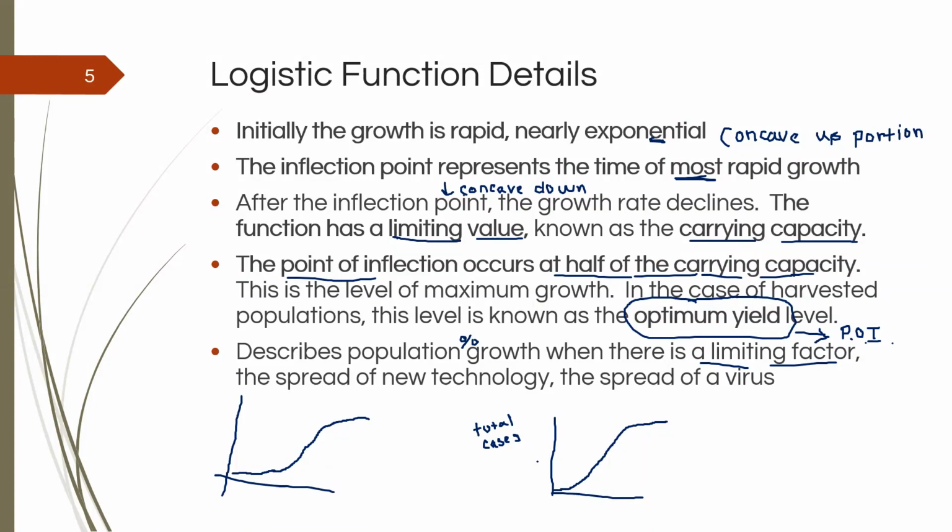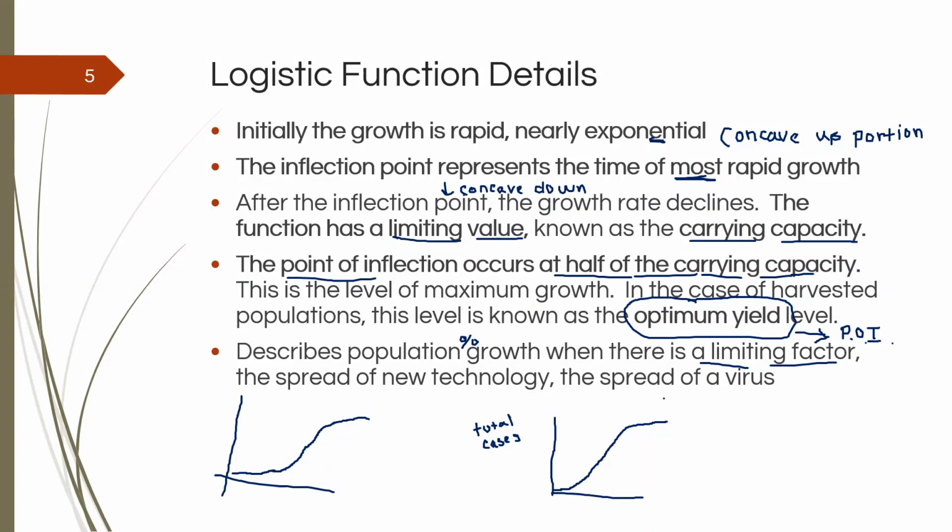Many of them have a seasonality to them, and as COVID was new, we had this perfect logistic curve, and then it mutated, and it does a whole different thing. And so it's a very complicated curve at this point, because instead of having a limiting value of everybody can only get COVID once, we now know that people can get it more than once, which makes it even more complicated.